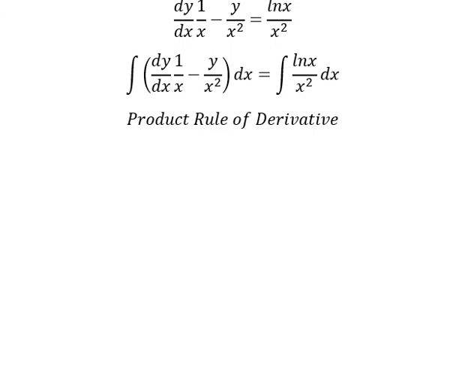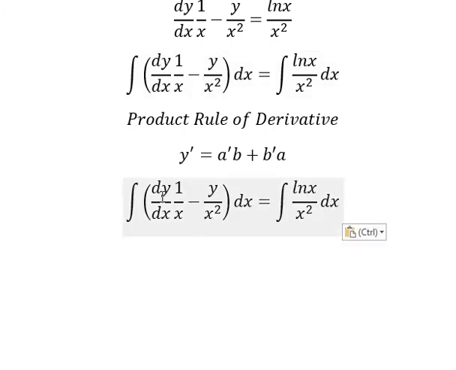So we have the first derivative of y equals the first derivative of a multiplied by b plus the first derivative of b multiplied by a. So if we look carefully, this is the first derivative of a multiplied by b.